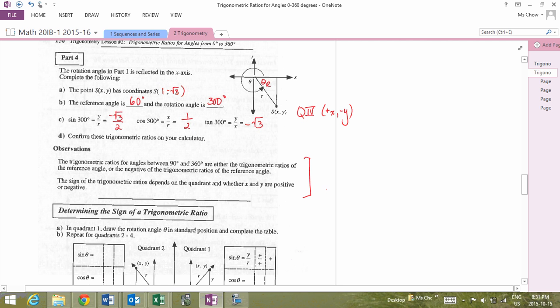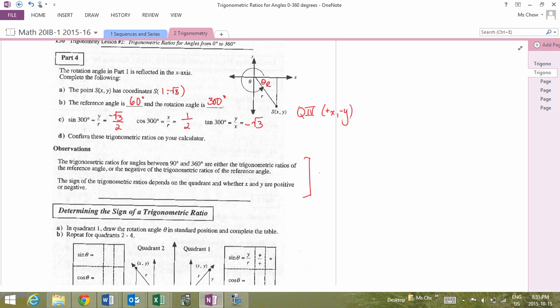So if you take a look back going through parts 1, 2, 3, 4, all of them are exactly the same when we looked at the ratios of the reference angle and the rotation angles.